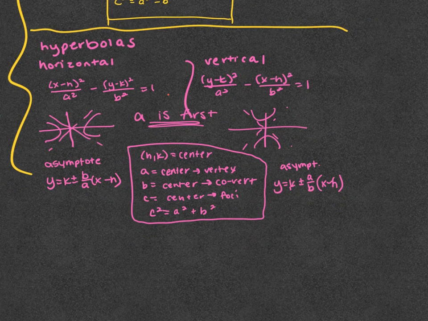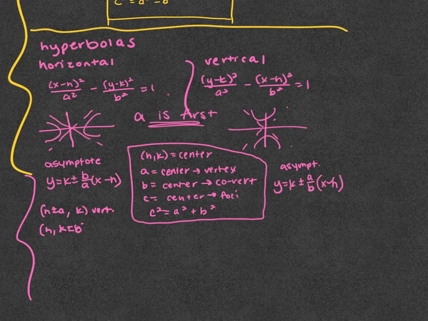Okay, so if I wanted to find, let's say, the vertices for the horizontal, I'm going to take my h and add and subtract a. For the covertices, I'm going to take my k, add and subtract b. And for the foci, it's h again.